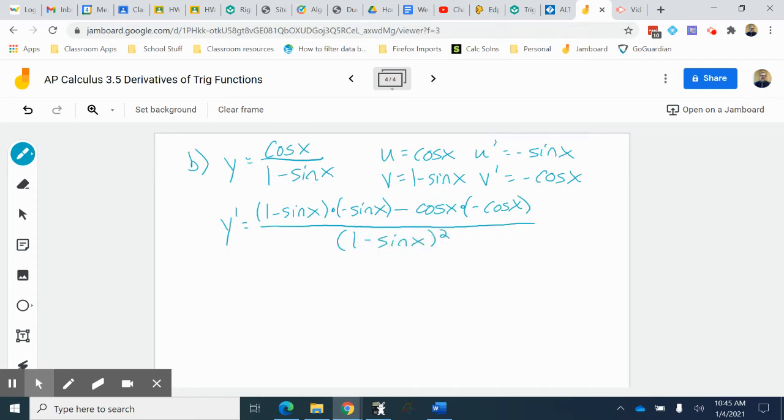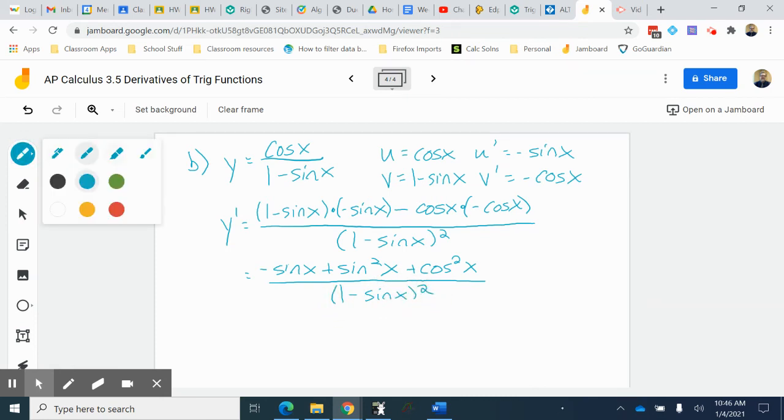Okay, some simplification. What have I got here? I've got negative sine of x plus sine squared of x plus cosine squared x all over 1 minus sine of x squared. This, of course, is 1.